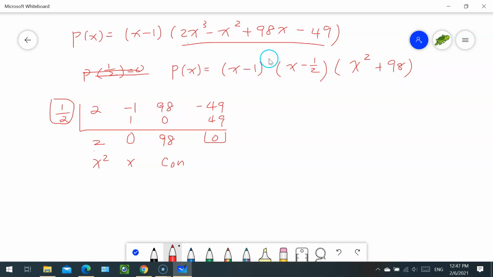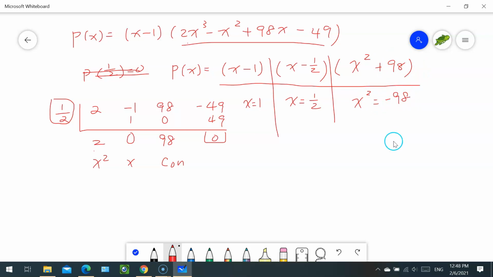Now from here, I can start to solve for x by using the zero factor theorem. From this piece, we know x equals 1. From this piece, we know x equals half. From this piece, we can solve for x by bringing the 98 to the right hand side, so you'll get a negative 98.